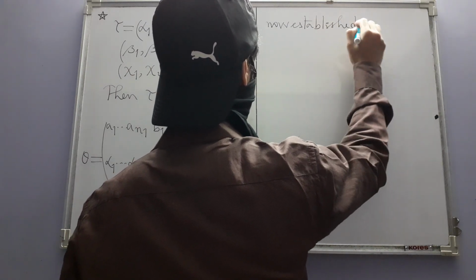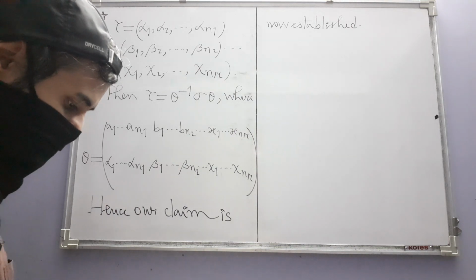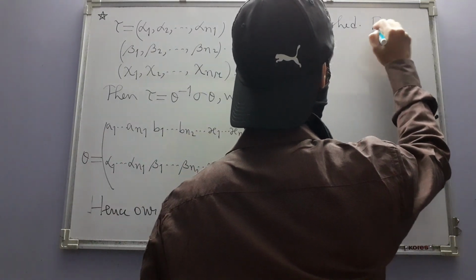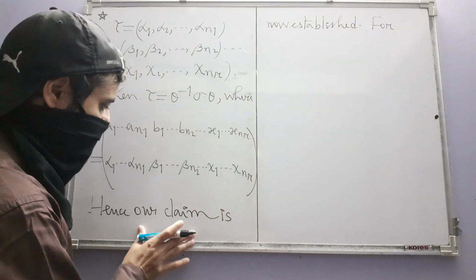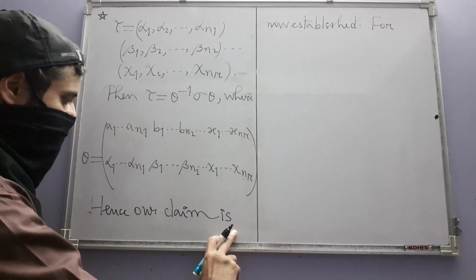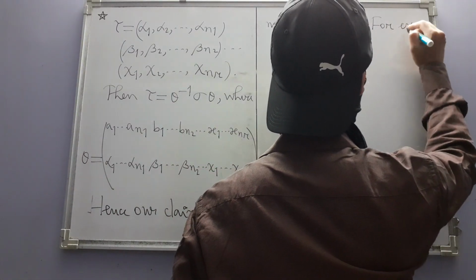And in fact, to illustrate this converse part, there is one example that is given here. Well, I should have written the example here and then written hence our claim is established, but let me just show you the example.